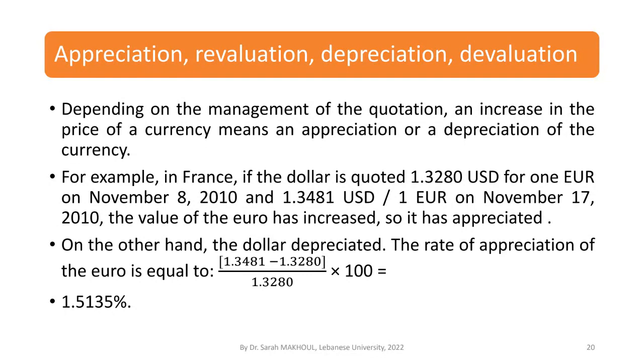Then we multiply it by 100 to see it as a percentage. So we know that the rate of appreciation of the euro is equal to 1.5135%, according to the depreciation of the dollar in the France market, to be specific.